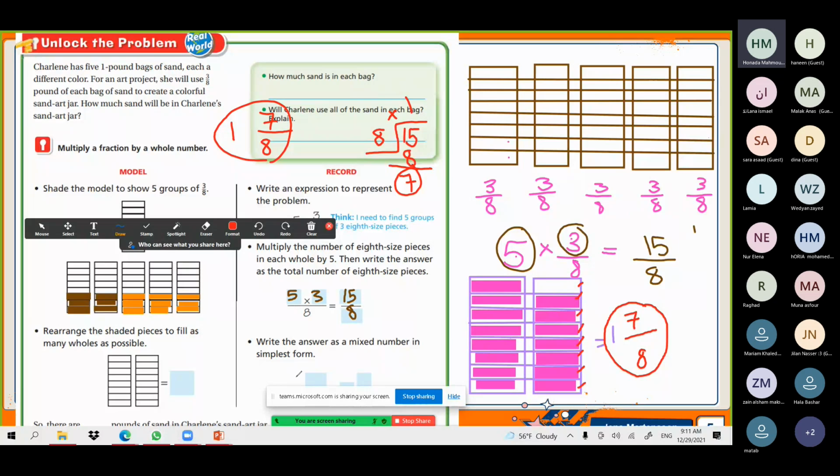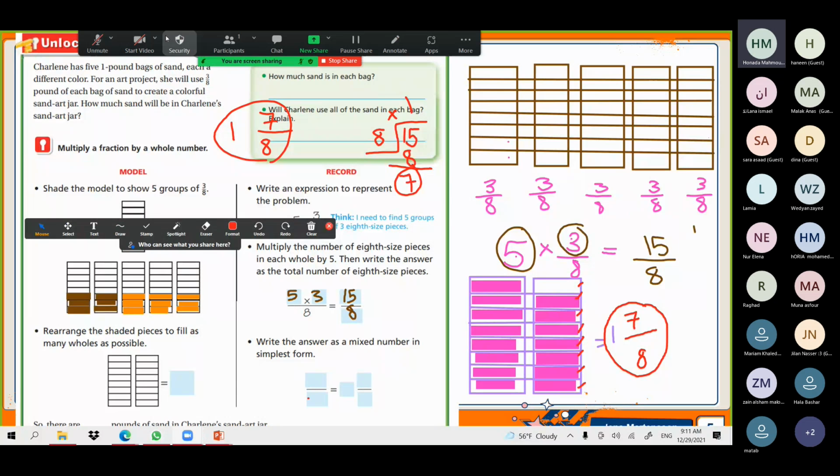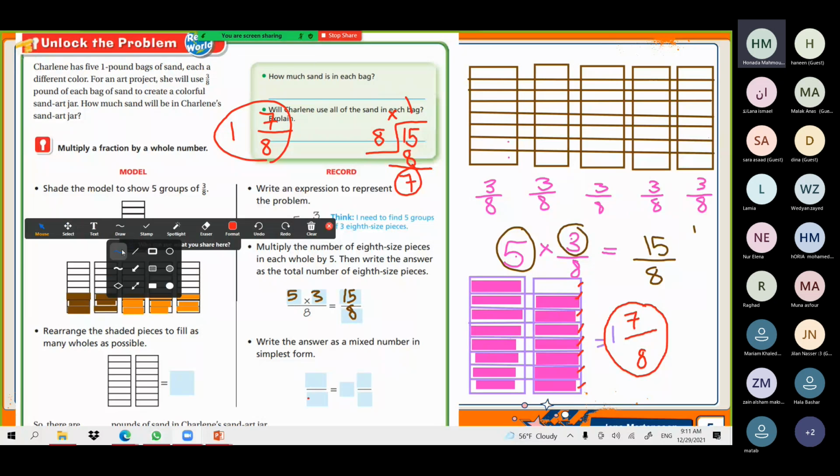Okay, teacher, now I understand. The first part is shaded 8, so the denominator will be 8, and the shaded part in the other is 7, so we write 7 in the numerator. My question now is, where does the 1 come from?